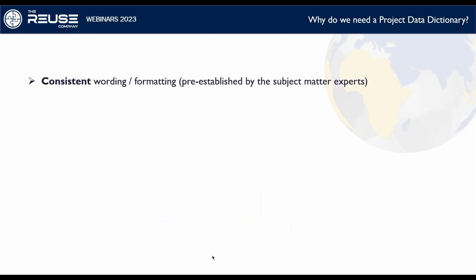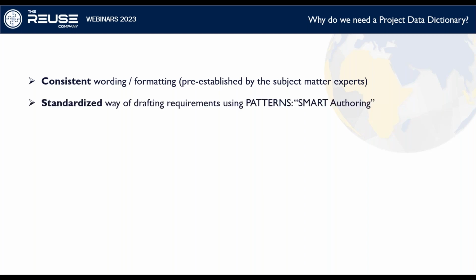So other benefits of using project data dictionaries are the following. So consistent wording formatting, as discussed earlier, pre-established by the experts in the project, that they know what the best wording and formatting will be for the project to reduce potential ambiguity. And it's also a good fuel and support for standardized requirements structures modeled in patterns, so what we call smart authoring.